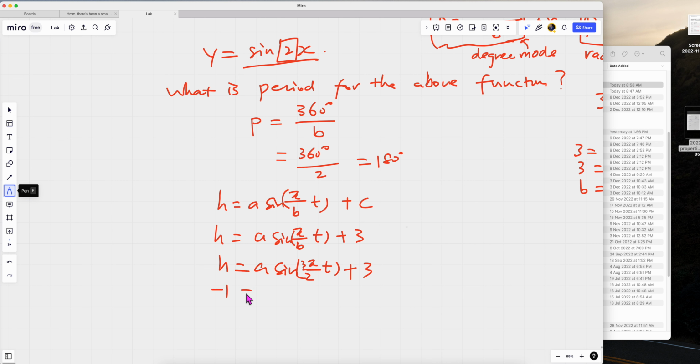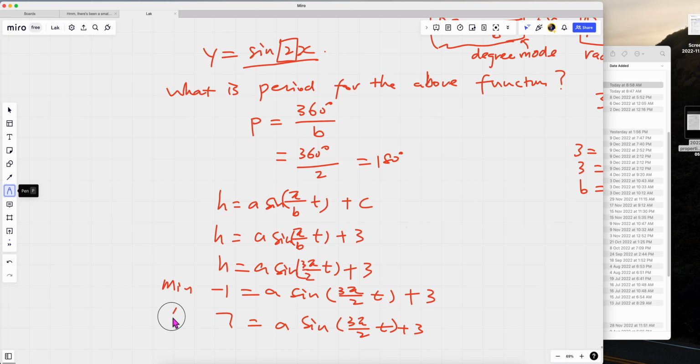Your minimum value is -1. The max value is... so this is the min, this is the max, right? So in a way, for a sine curve or sine function, at which point will you get the minimum value?